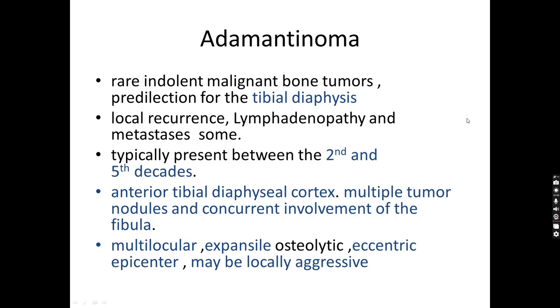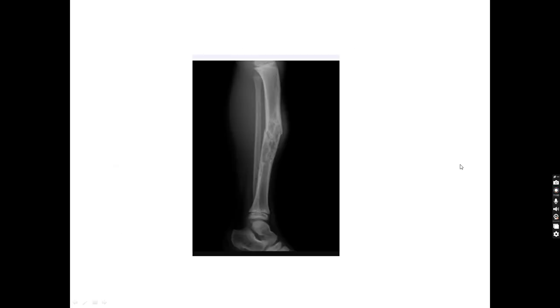Then coming to adamantinoma, it will typically involve the anterior tibial diaphyseal cortex. It will be an eccentric expansile multilocular lesion. It can have a locally aggressive feature, and it involves the second to fifth decade. This is a typical location, the diaphysis of the tibia, showing a multilocular lytic lesion.